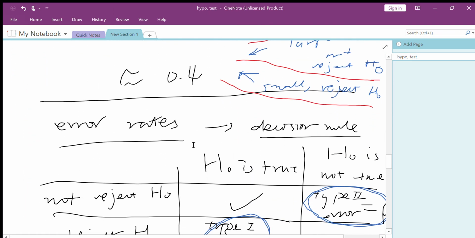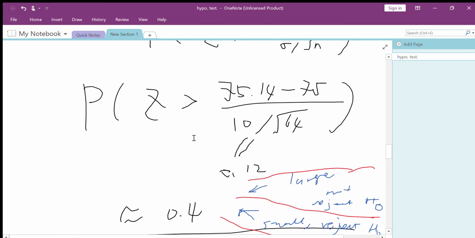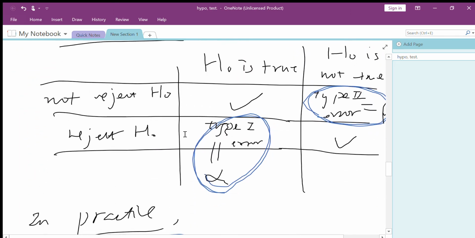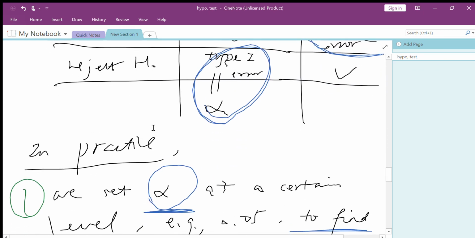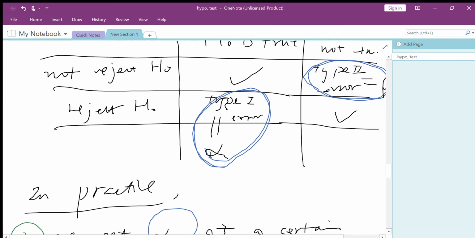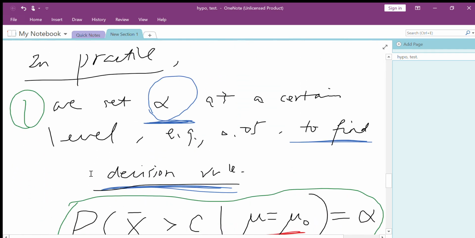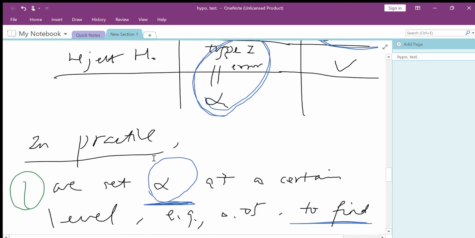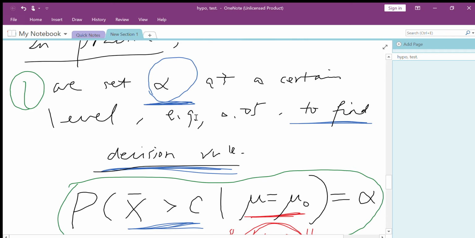But to propose a decision rule, for the decision rule approach, we first introduce error rate. We first talk about type 1 error, which is denoted as alpha, and type 2 error, which is denoted as beta. For type 1 error alpha, in our course, we can solely depend on alpha to find the decision rule.